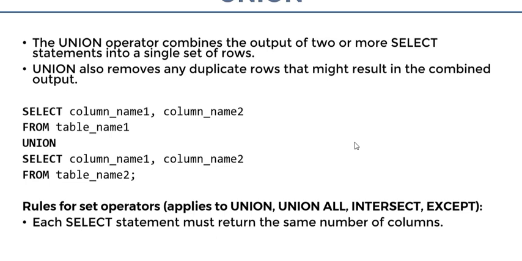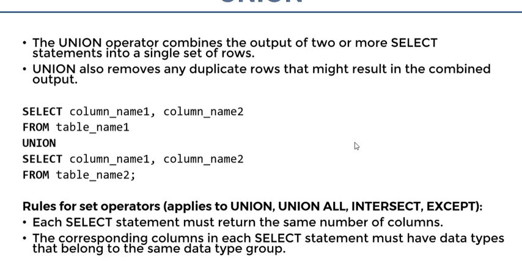Each select statement must return the same number of columns. We can see that this rule has been followed, as each statement selects the same number of columns. The second rule is that the corresponding columns in each statement must have data types that belong to the same data type group.